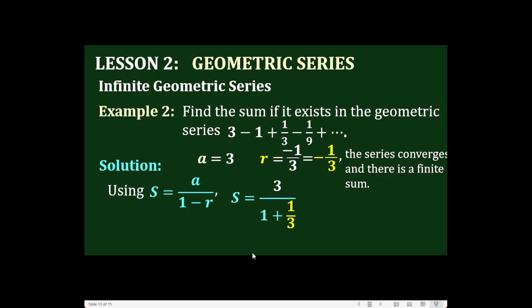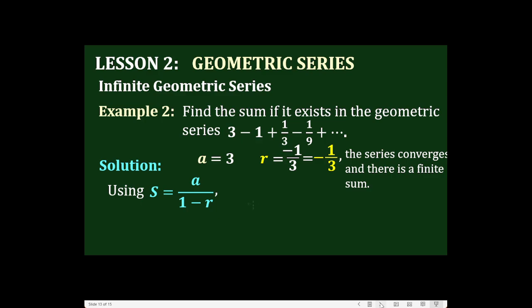And 1 minus -1/3 becomes 1 plus 1/3. And 1 can be replaced by 3 over 3, making it similar to 1/3. And 3 over 3 plus 1/3 is 4 over 3.